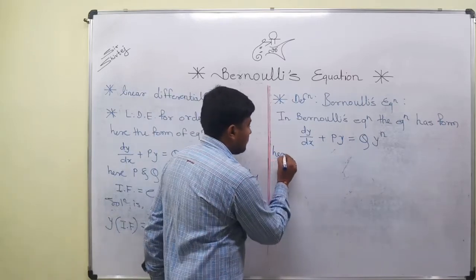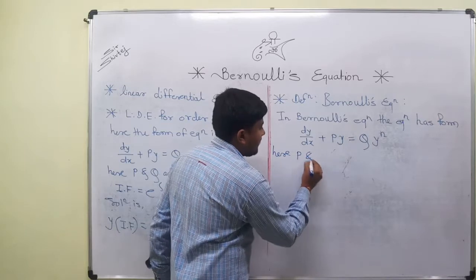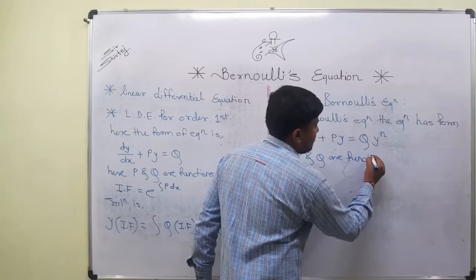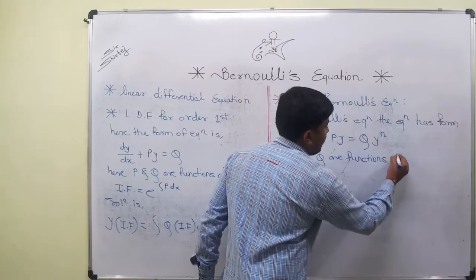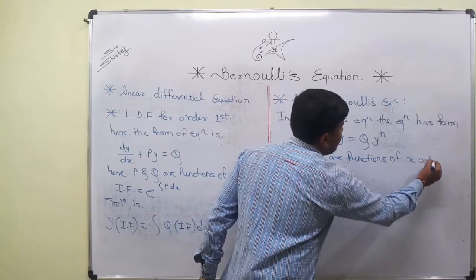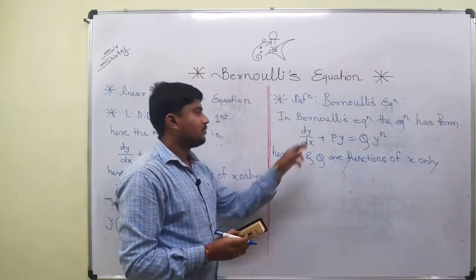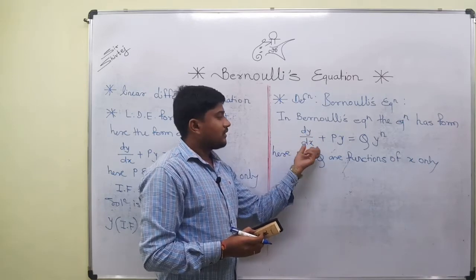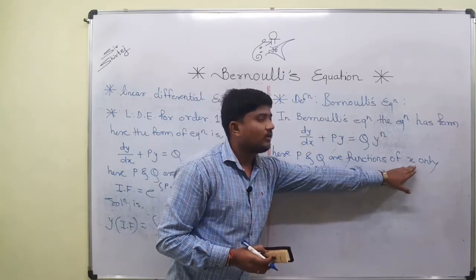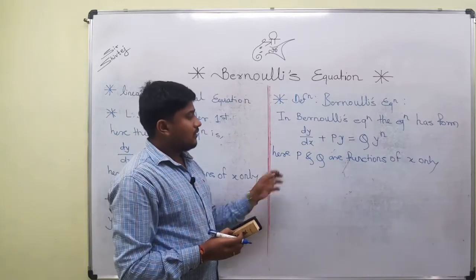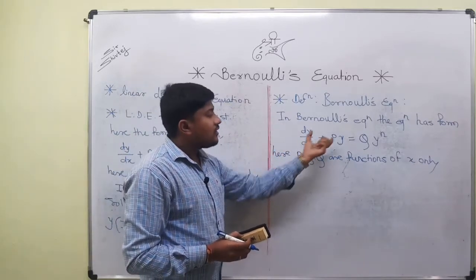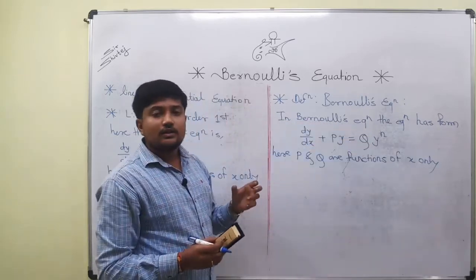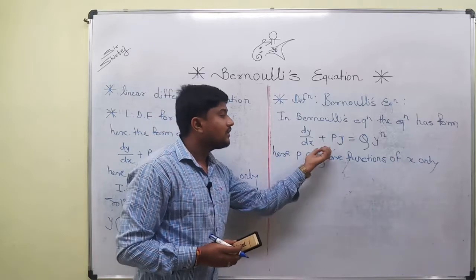Here capital P and capital Q are functions of x only, because we take dy by dx, the derivative of y with respect to x. Now for the solution of that Bernoulli's equation, we have to find the solution of the equation.